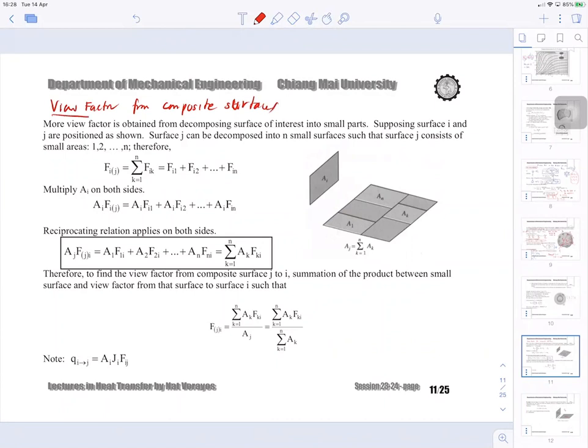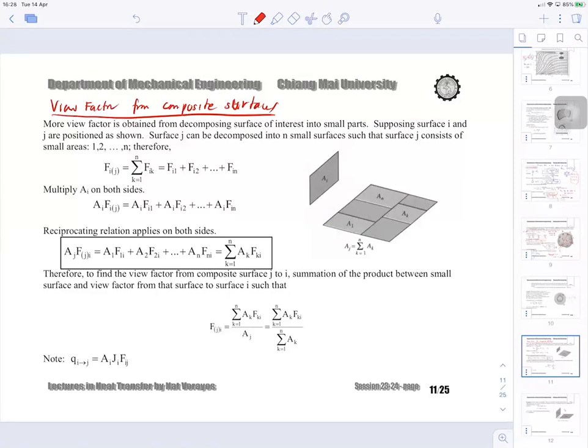This is important. So, what is it? Let's take a look first. I will teach you what the composite surface looks like, and at the end, I will teach you how to apply what you learned to the problem that I previously showed you.